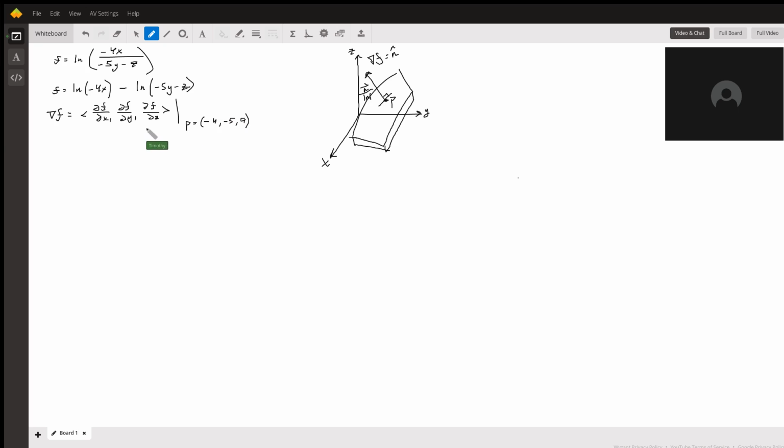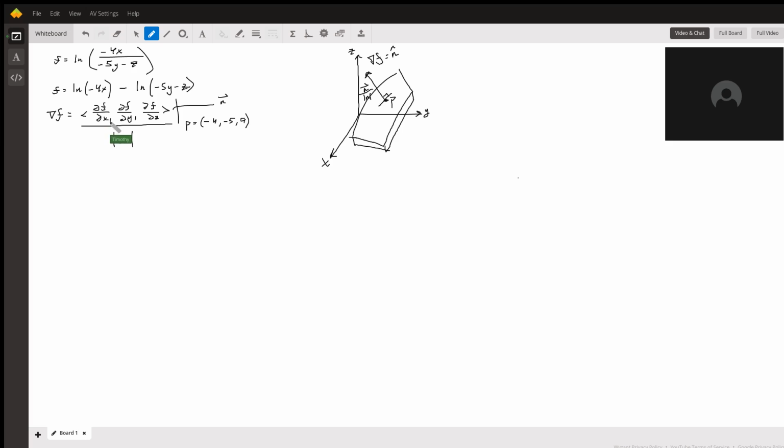All right, so this is going to be our normal vector, and to make it a unit normal vector, all we do is divide by, let's just say we can call this the normal vector n, the magnitude of n.